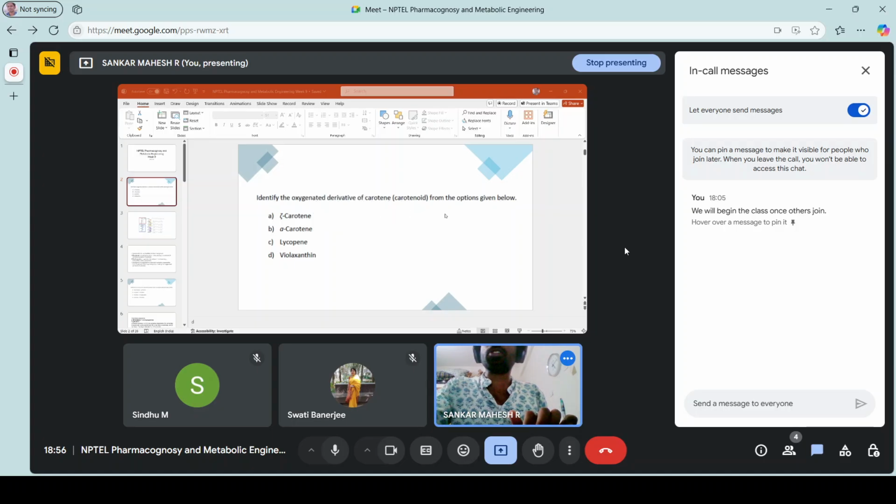We have the pathway with the structures. We can look at that and finalize the answer.